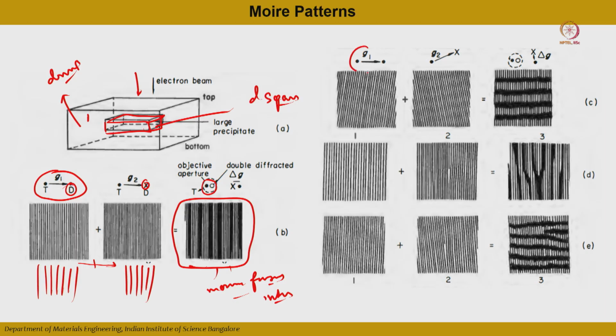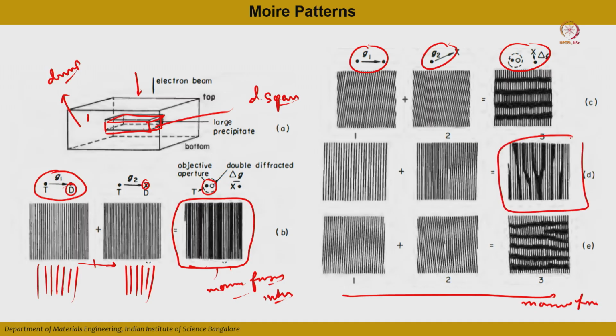Similarly, with different G1, G2 and G3 values, and depending upon the aperture size and what type of beams you can select, you can get different types of Moire fringes. You can see these particular Moire fringes. So, you will get different intensities which correspond to a summation of the intensities of these two diffraction patterns. So, this is called phase contrast imaging in the electron microscope.